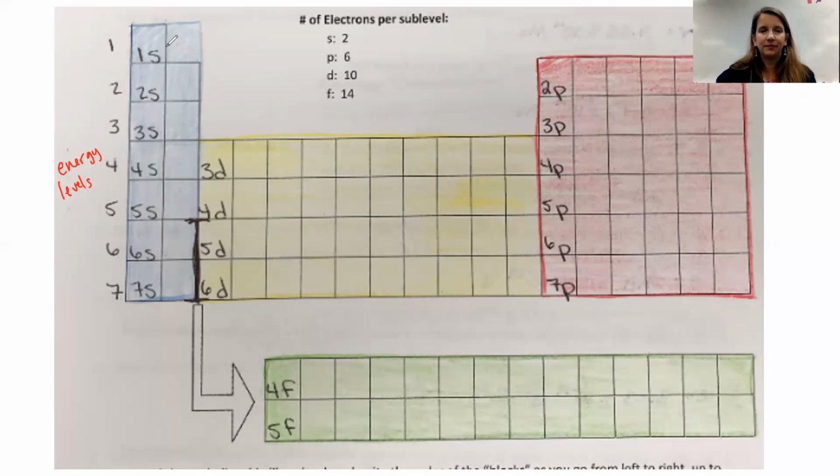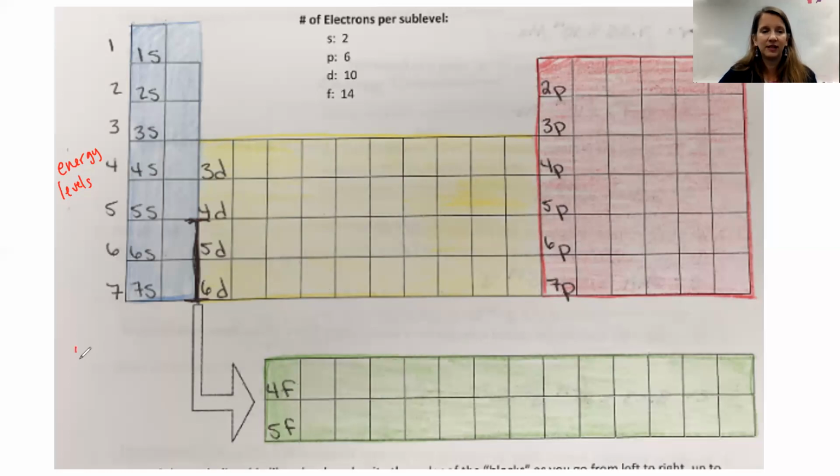So you can see that on the periodic table, I have these numbers and letters labeled in different spots. The periodic table is divided into 4 blocks, S, D, P, and F. These blocks represent sublevels. Within each energy level, there are different sublevels where the electrons are.